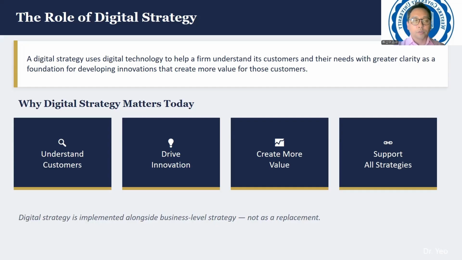The key point, digital strategy helps firms understand customer needs more clearly, and that insight drives innovation that creates more value. Without it, a firm is essentially flying blind in today's competitive landscape. Now, let's talk about the foundation of all business level strategies.